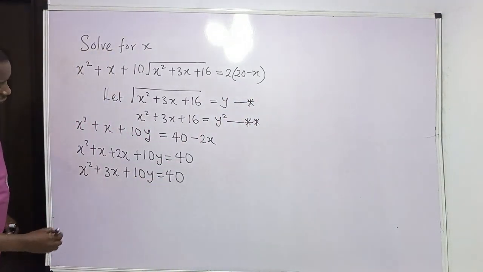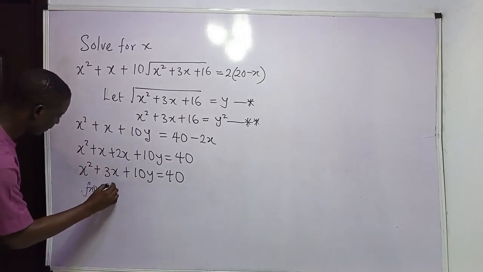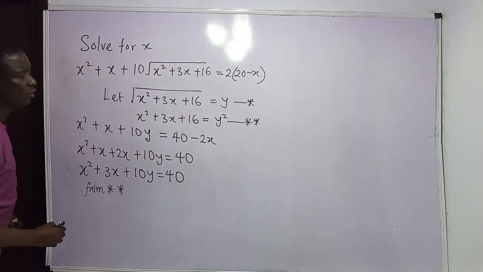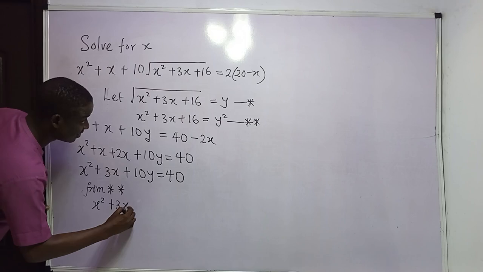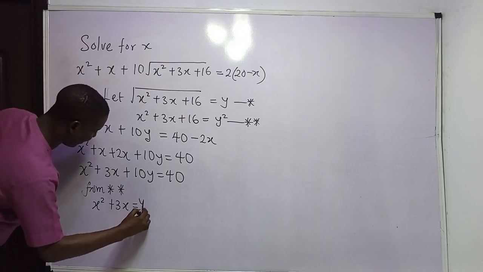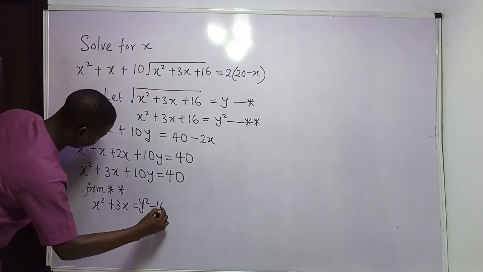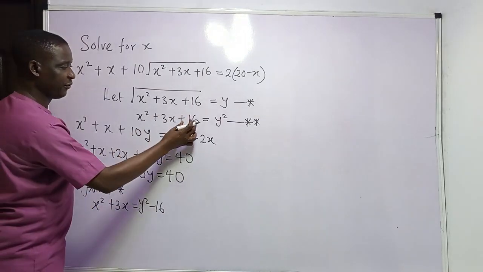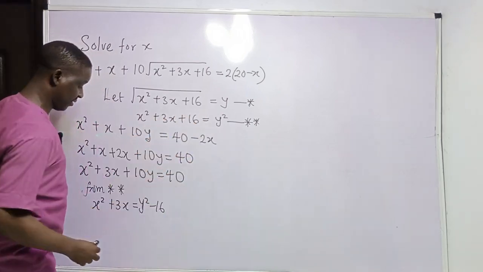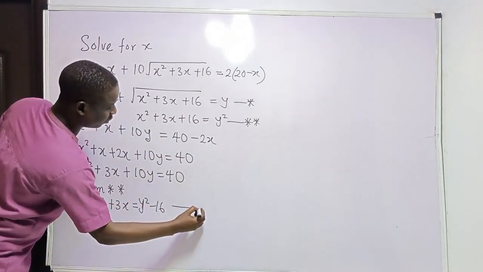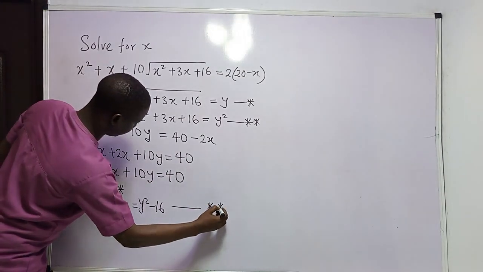So from star, what we want to have now is x squared plus 3x equal to y squared minus 16. That is to say, if you subtract 16 on both sides, this is what I want to have.